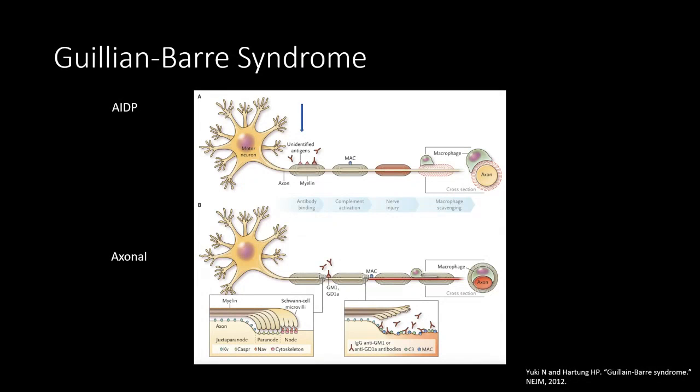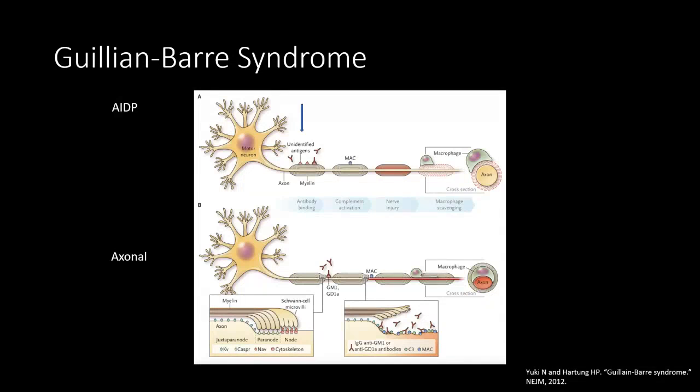As I mentioned, there is also evidence for the involvement of the innate immune system as well, and this is a little bit less specific, but in general, in patients with GBS, there are elevated markers of T-cell activation in their serum, like soluble IL-2 receptor and interferon gamma.